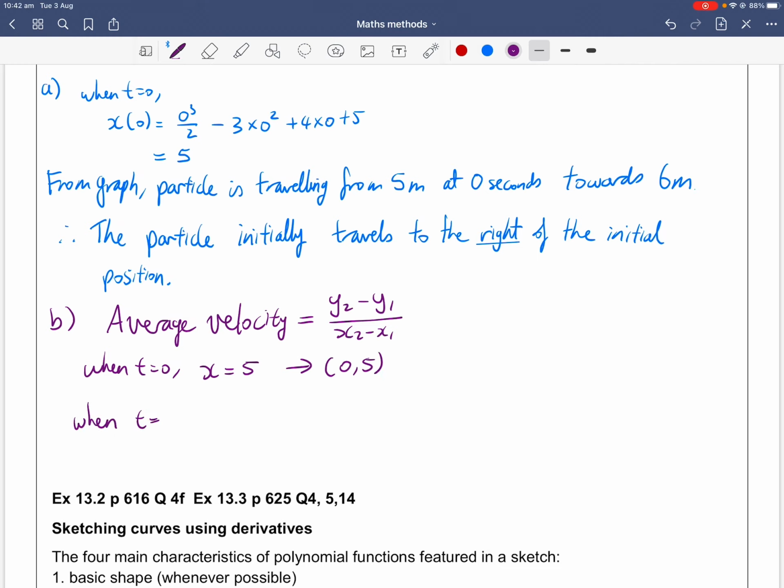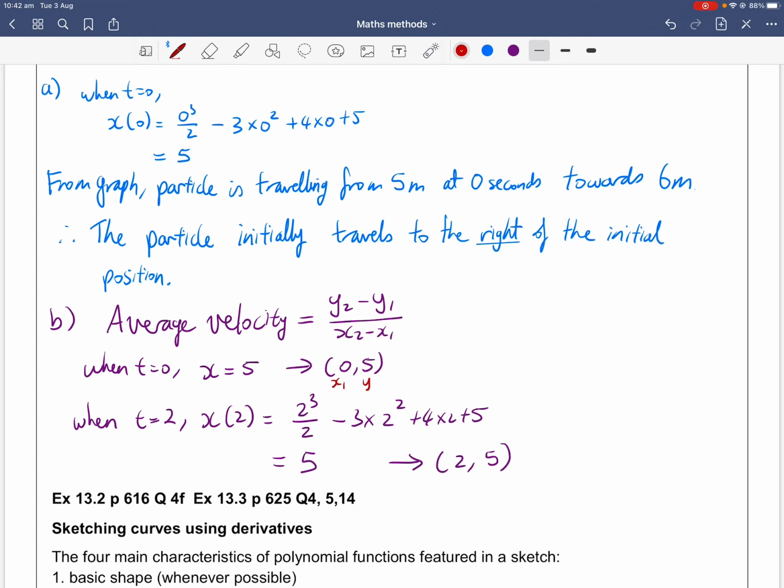And then we want to have it over 2 seconds. So when t equals 2, we need to work out what the displacement of that particle is. Let's sub it in: 2 cubed over 2 minus 3 times 2 squared plus 4 times 2 plus 5. If you put this in a calculator, you get 5. So in other words, we get the point 2, 5.